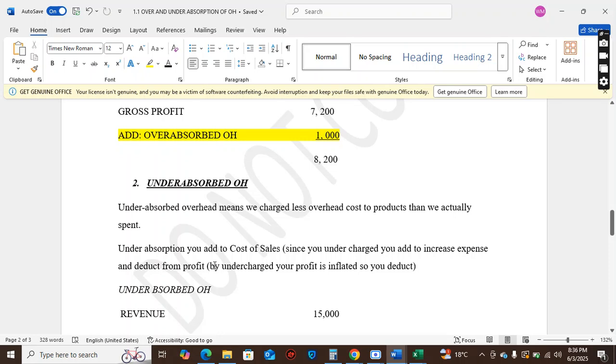Then, since you've undercharged, it means your cost of sales is low. So that's going to inflate your profits now. Your profit is going to be inflated. So you're going to subtract the underabsorbed overheads from the profit, because that profit is inflated.